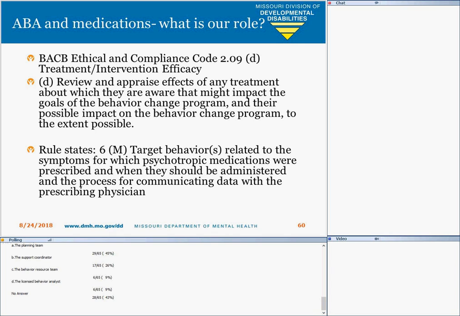Some medications can make individuals less susceptible to negative reinforcement, especially associated negative reinforcement. And if you're trying to change behavior and have an individual respond to negative reinforcement as their behavior change mechanism, and they're taking a medication that makes them less susceptible to that, the plan is going to be less effective. So you need to know that. Those are just a couple of examples from behavioral pharmacology that behavior analysts should be familiar with.